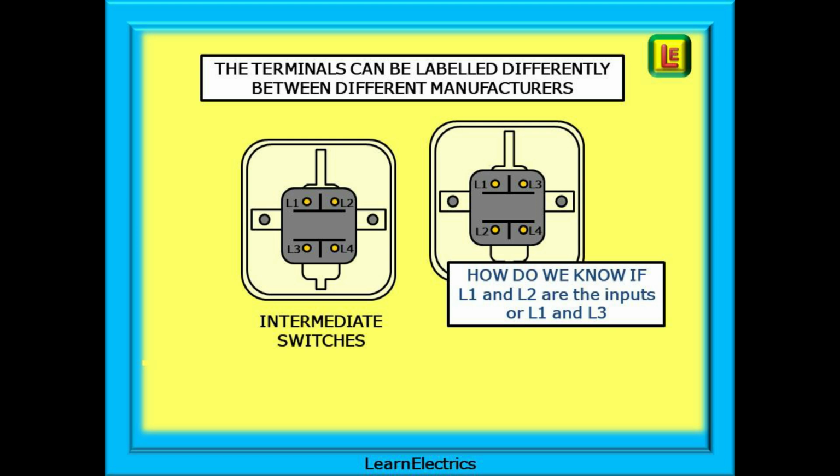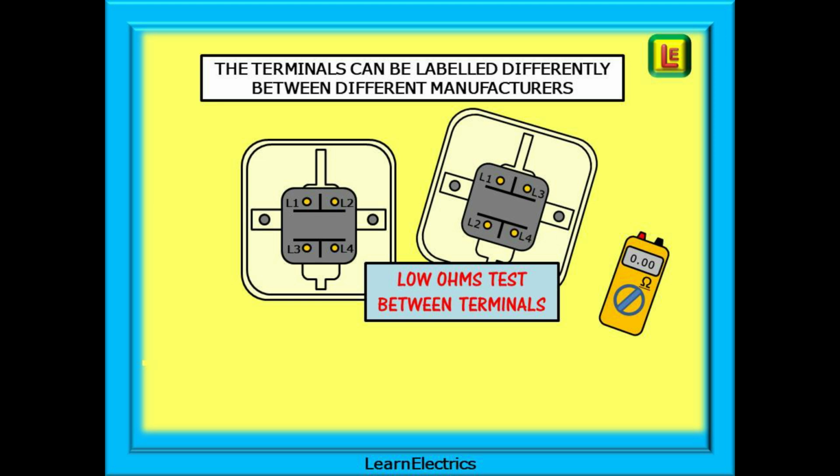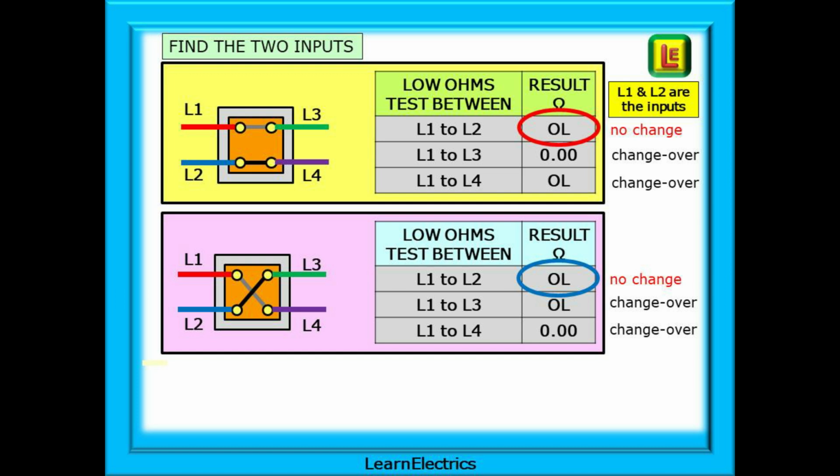Let's look at this. The easiest and quickest way is to carry out a low ohms or continuity test on the switch before connecting anything to it. Follow the top table first. With the test meter set to low ohms, we can test between L1 and L2. Shown here, it displays OL, meaning that there is no connection between them.